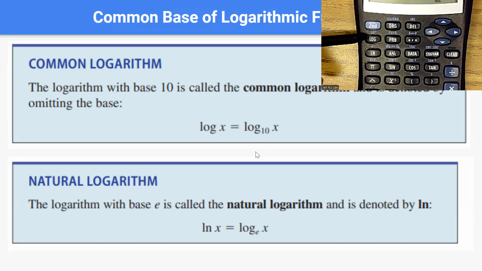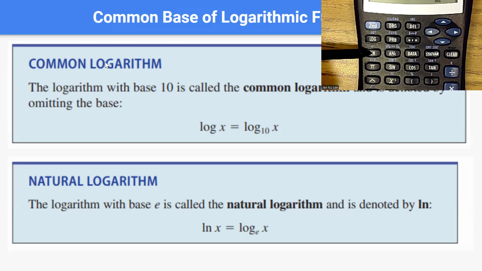Okay. And the natural log E, right? ln, this button here. Oh, you guys don't see that. I moved it. This button here, ln, the inverse of ln is e to the x power. Okay?